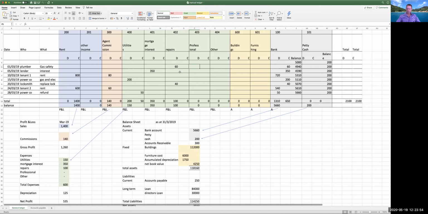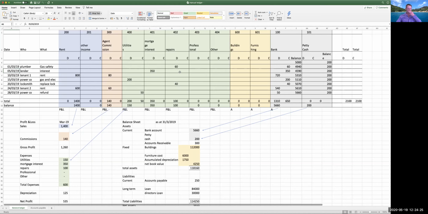So as you can see, the double entry here: the entry in your bank account as a credit of 60, the entry as a debit under the account called repairs. Okay, and if you add those two up, and if you had a control column at the end here, it would be 0. 60 debit minus 60 credit equals 0. So that's the first entry in March.